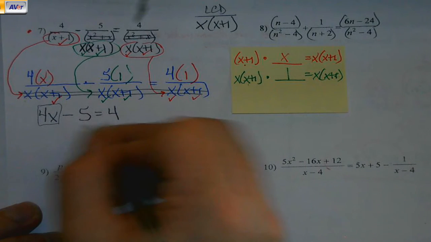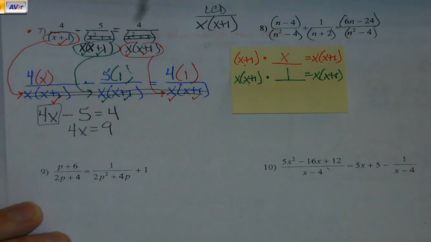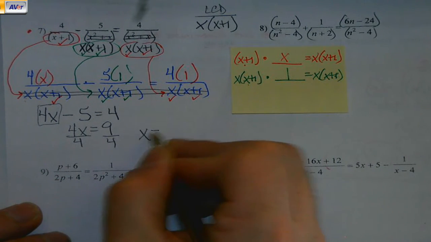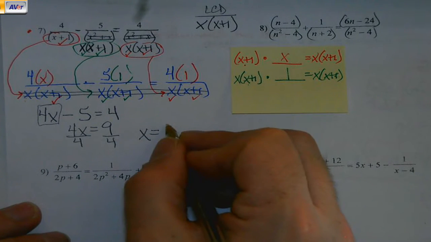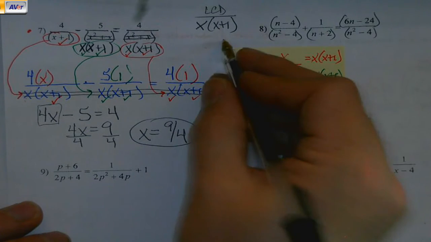Solving for x, we'll add the 5 over. And we'll divide by 4. And when you punch it in your calculator, if you get a decimal, just math enter it, because we're going to stay fractional here.